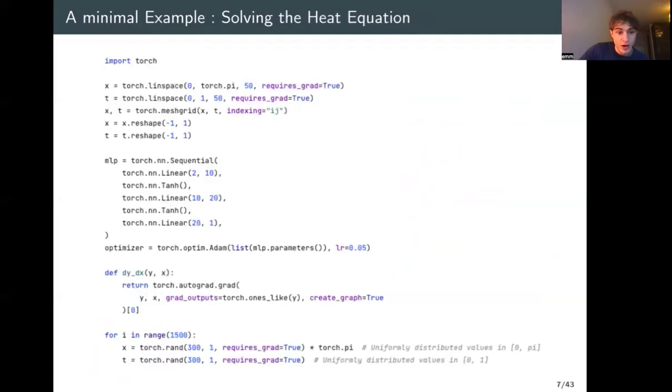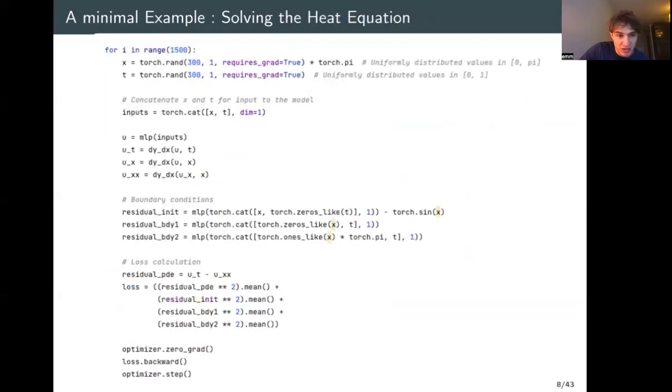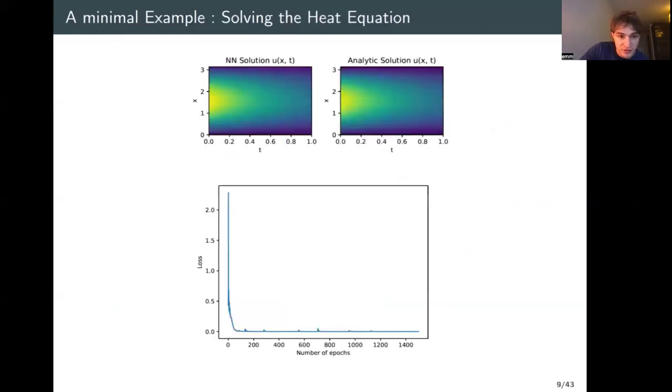This is what's done in practice, for example in PyTorch. This is probably not the best implementation, but here we can solve the very simple diffusion equation with just a few lines of PyTorch, and it sort of works.